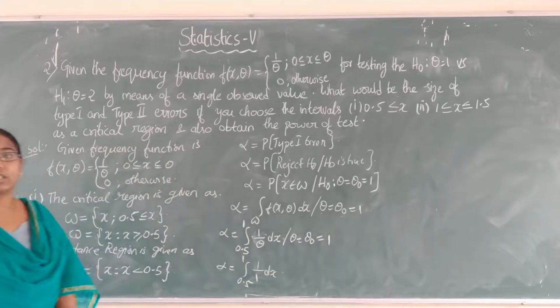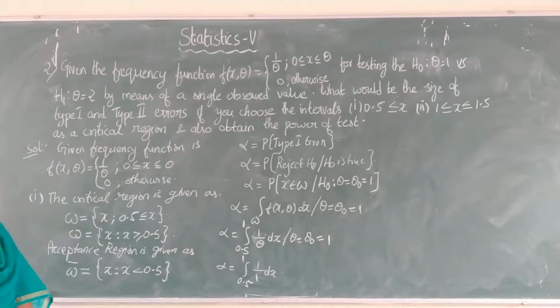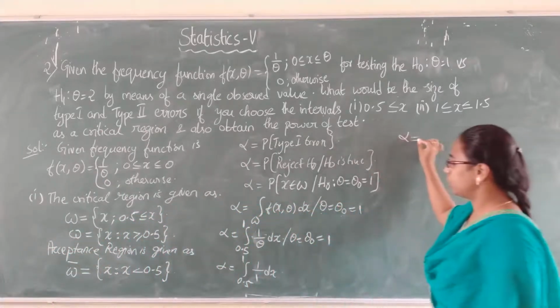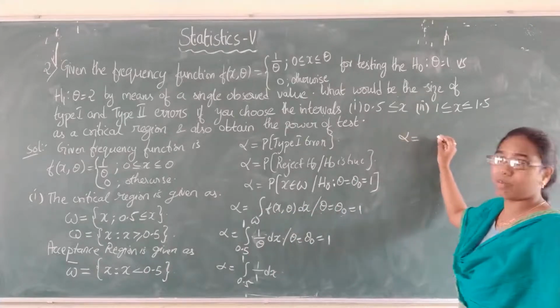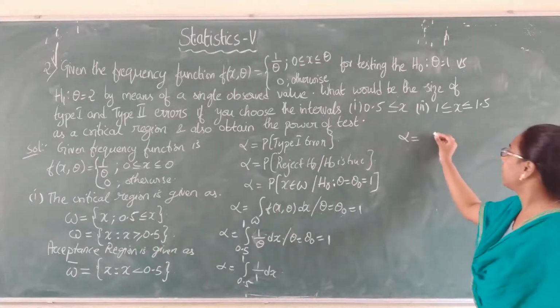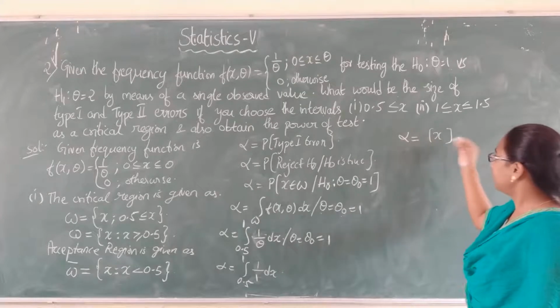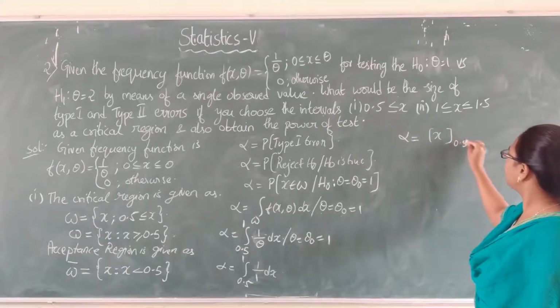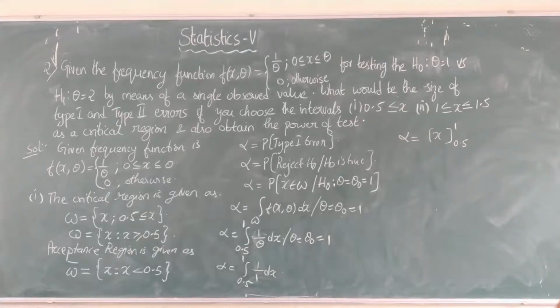Integration of 1 dx is x itself. So alpha equals integral of 1 by 1, which is 1, and integration of 1 is x, between the limits 0.5 to 1. Now apply the limits.